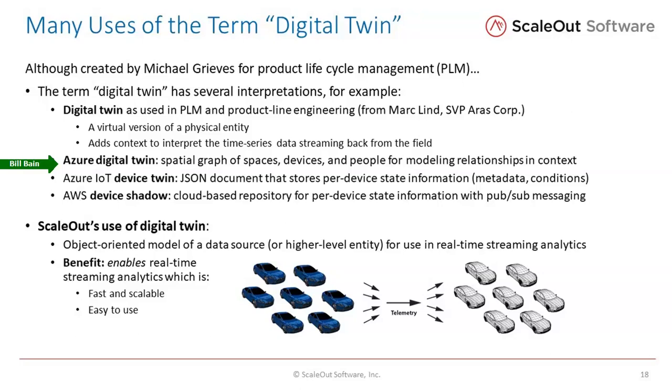For example, if you're tracking all the smart light bulbs in an office building, and you want to know are they on or off, then you can have device shadows in AWS which can do that and send a message when the state of a light bulb changes. Again, it's a narrow use of the digital twin concept, just for tracking a simplified set of state, typically in Azure, for example, no more than about 50 kilobytes of state of an IoT device.